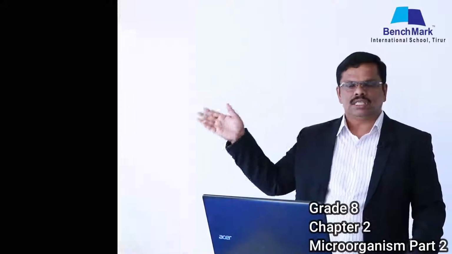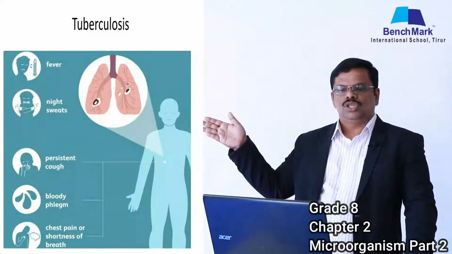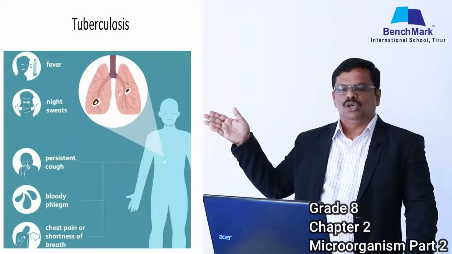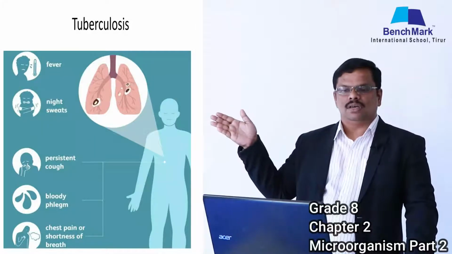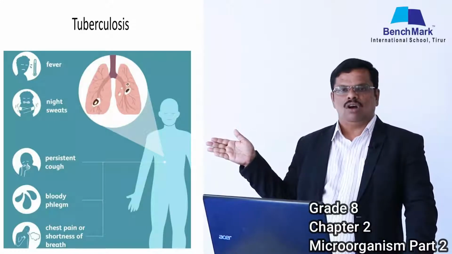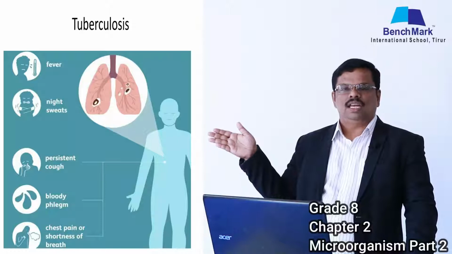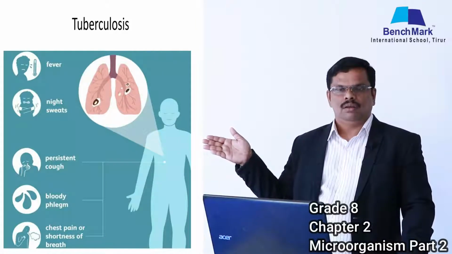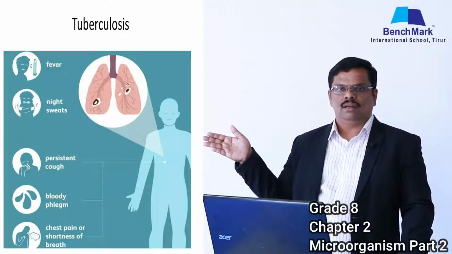Now look at the slide over here. Tuberculosis. It is showing the symptoms: fever, night sweating, persistent cough, bloody phlegm, that is when you cough, the blood comes, chest pain, shortness of breath.